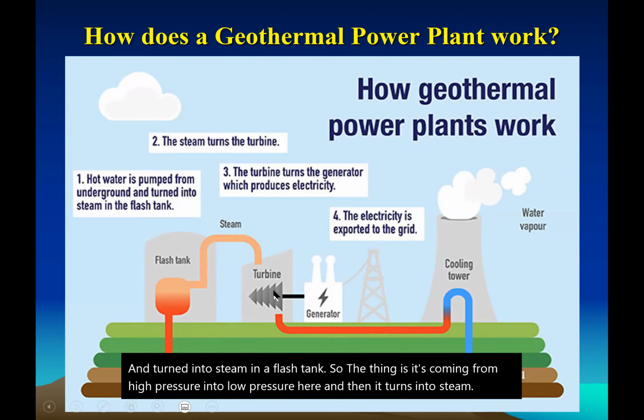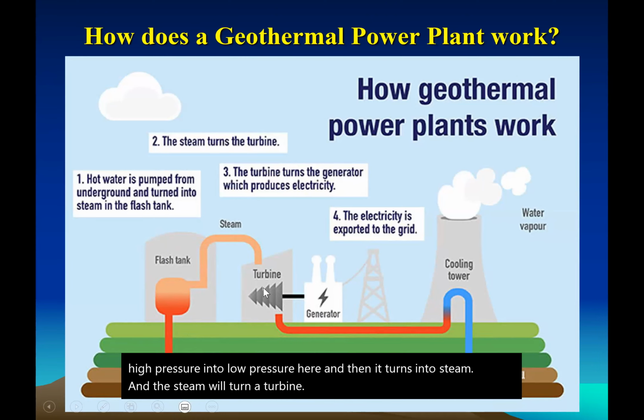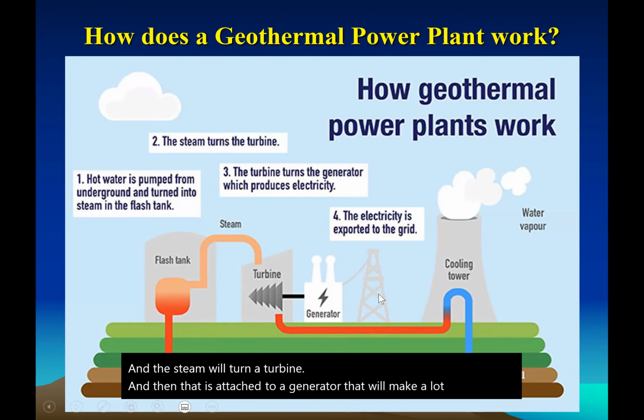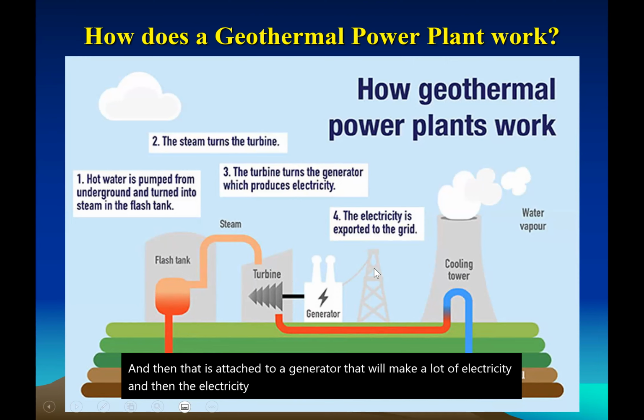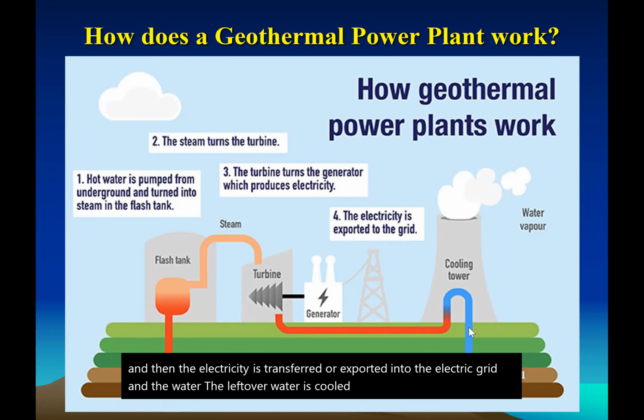The steam will turn a turbine, which is attached to a generator that will make a lot of electricity. Then the electricity is exported into the electric grid. And the leftover water is cooled and goes back to the same reservoir. That is why geothermal is sustainable. It's very, very sustainable.